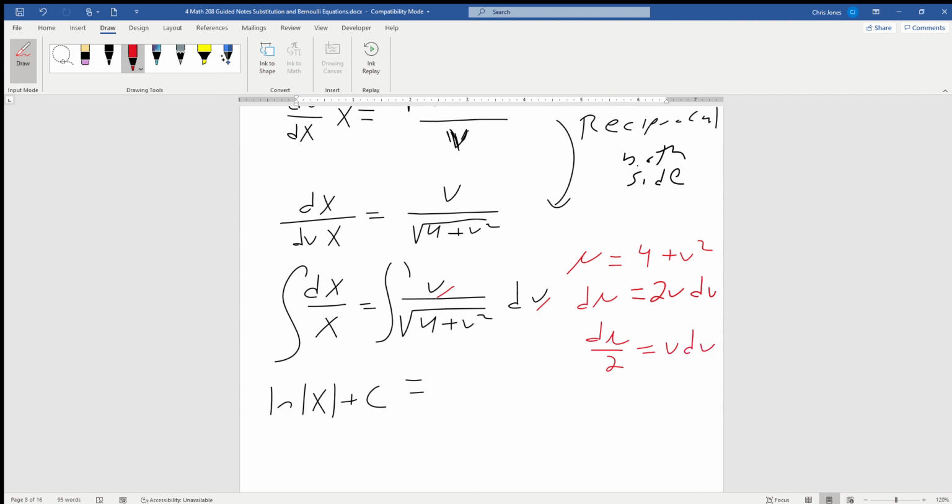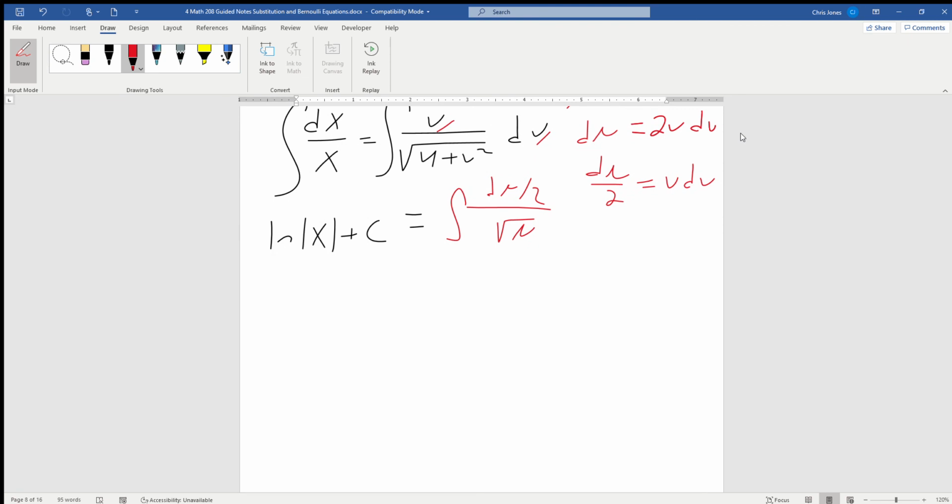And so now we can rewrite the integral in terms of just u. So v dv becomes du over 2, and then 4 plus v squared becomes u under the radical. So that's our substituted expression. And now it's really easy.